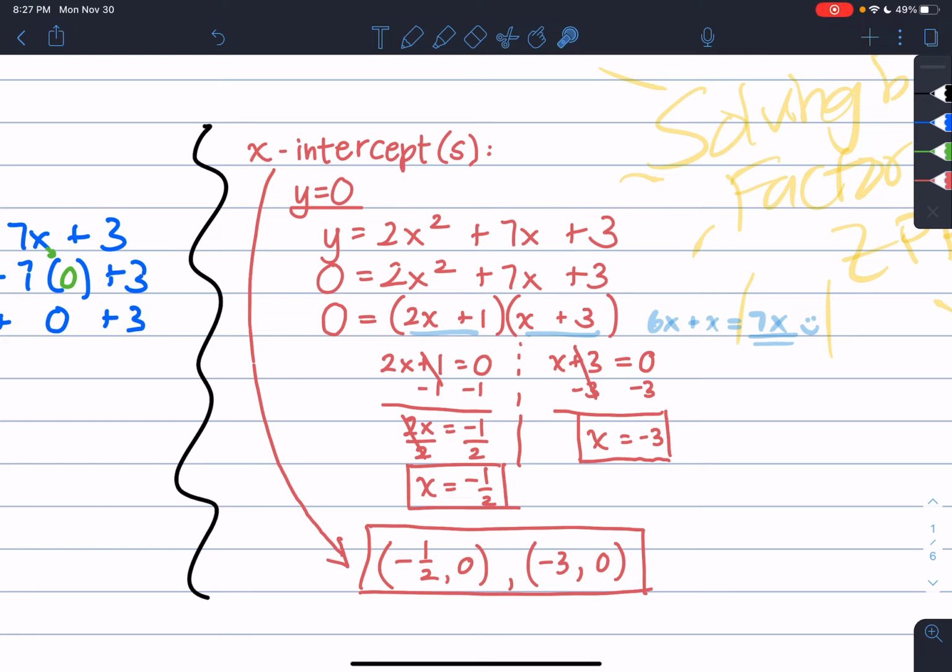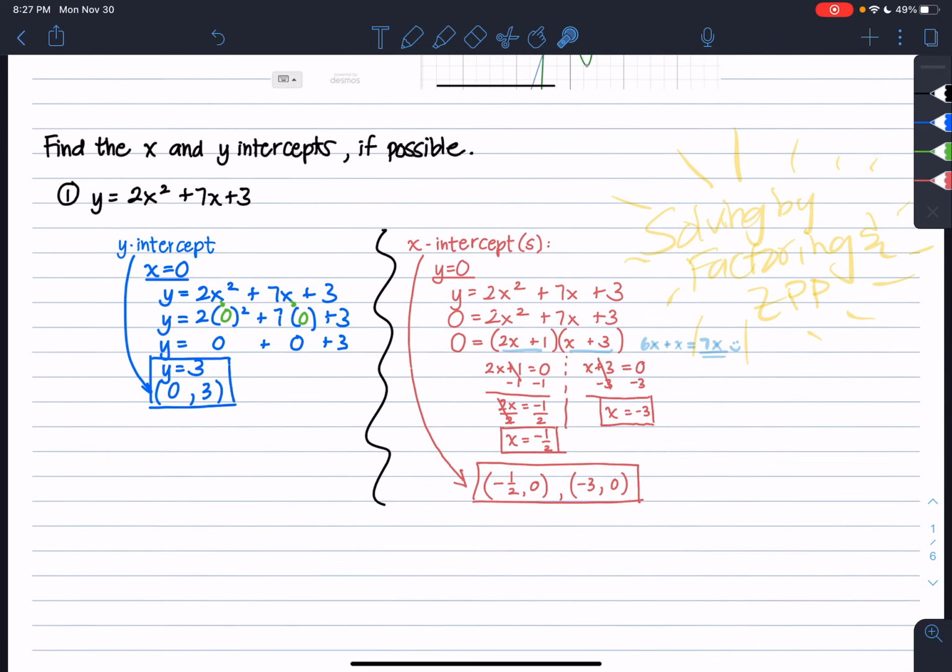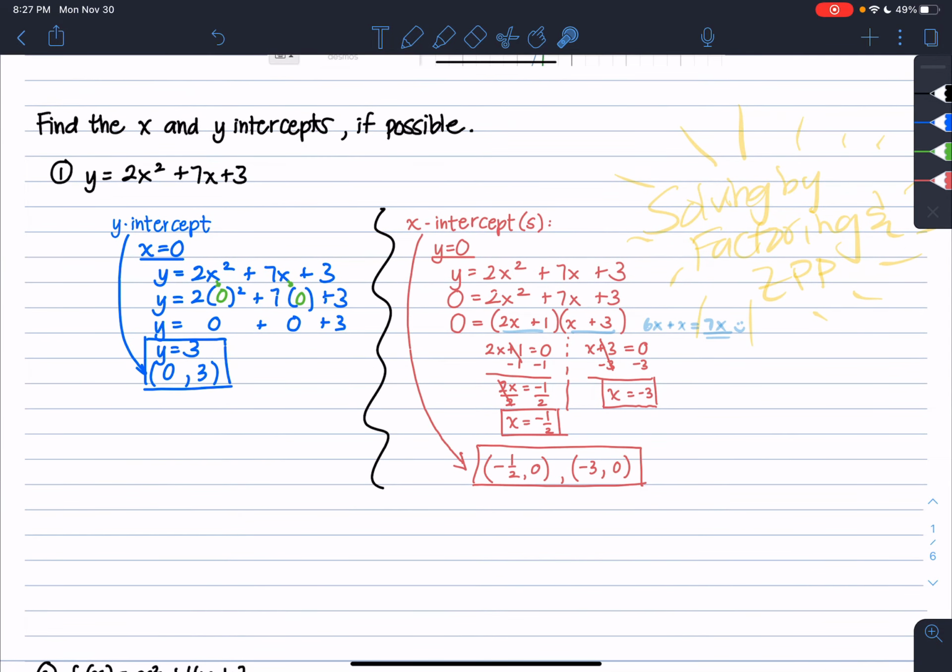You can either identify the values themselves. We can say it occurs when x is negative 1/2 and negative 3, or we can write out the points negative 1/2, 0, and negative 3, 0. All right, so that is number 1. This is how we find the y and x intercepts of a quadratic.